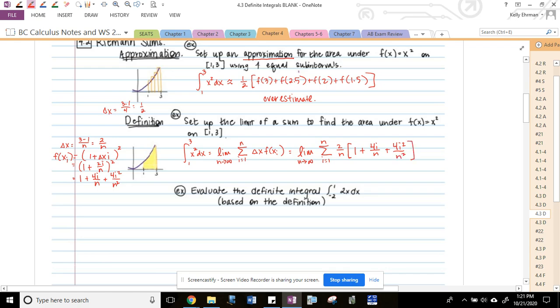The next step would be to distribute the 2 over n through, take the summation, meaning use your three rules to figure out the sum of each term, and then take the limit as n approaches infinity. All right, this would not be an estimation. This would be the exact value.